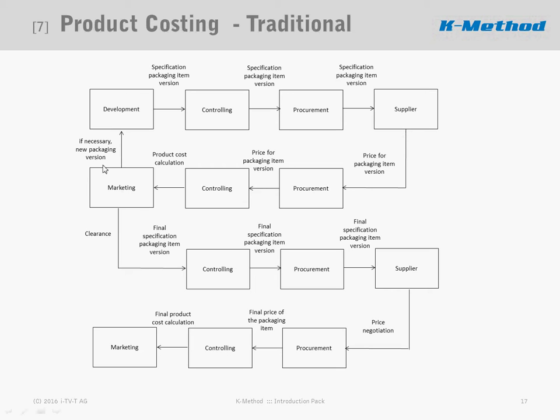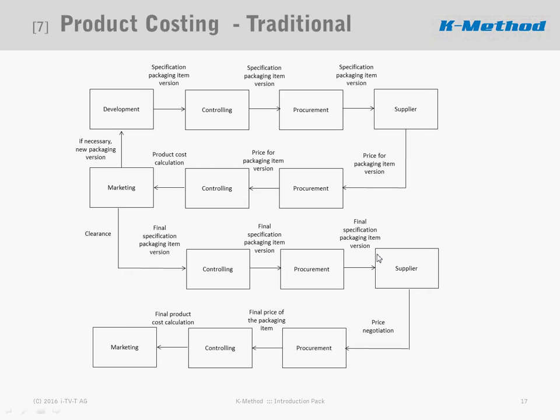So in the end we have a specification. If they're happy, then it will be a final specification. If they're not happy, this loop starts all over again. Once marketing has decided on the specification for the launch, they will give clearance. The controller will do his final product cost calculation and will ask procurement now to do the real negotiation.